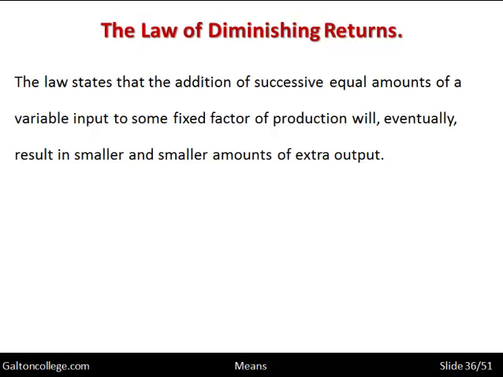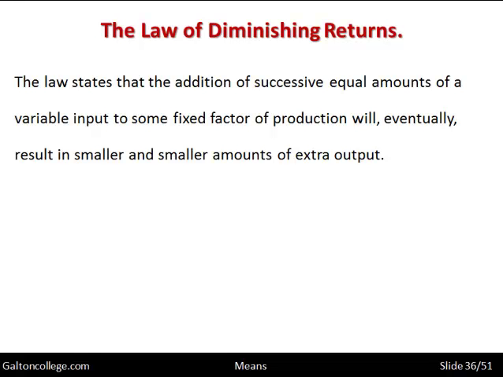The law of diminishing returns states that the additions of successive equal amounts of a variable input to some fixed factor of production will eventually result in smaller and smaller amounts of extra output. Now that sounds complicated. As you'll see, I think lots of this sounds complicated.